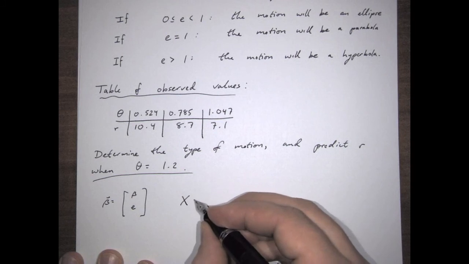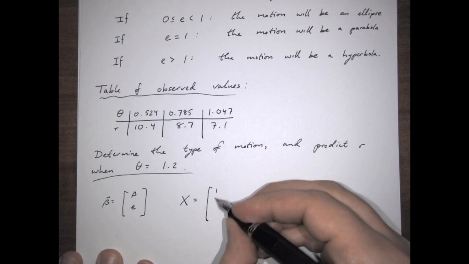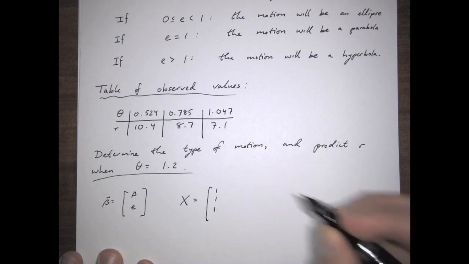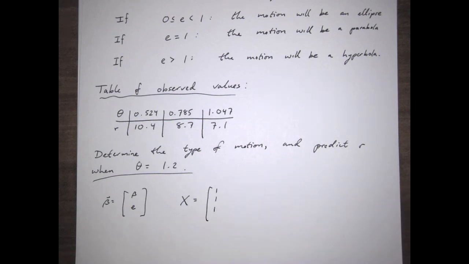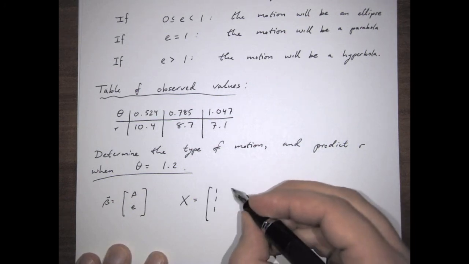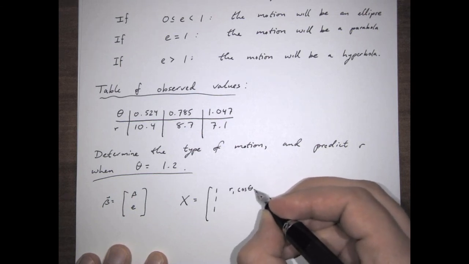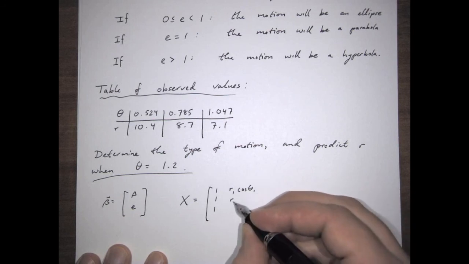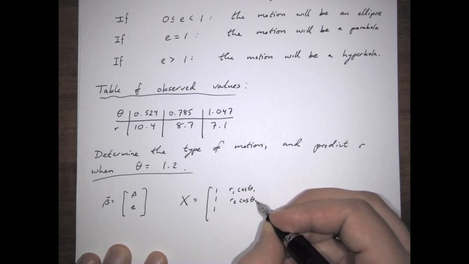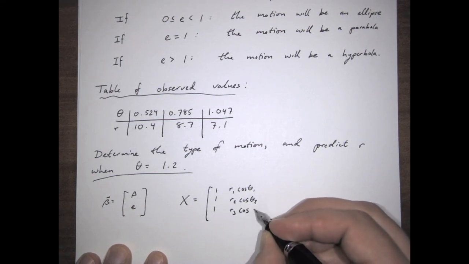Alright, and then x. So this is the design matrix. It will be 1, 1, and 1 for the values of the weights on beta in each case, and then here it's going to be r1 cosine theta 1, r2 cosine theta 2, and then r3 cosine theta 3.